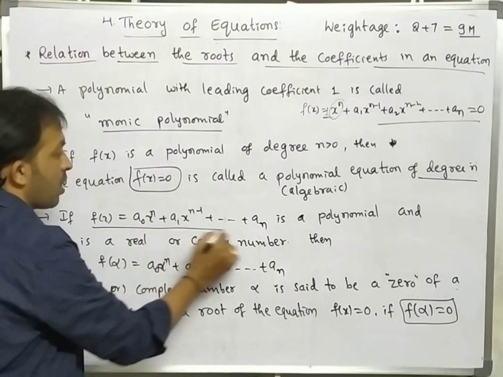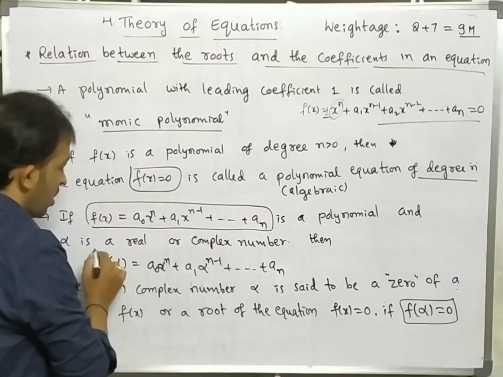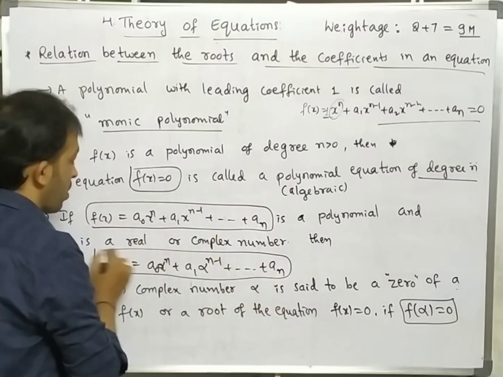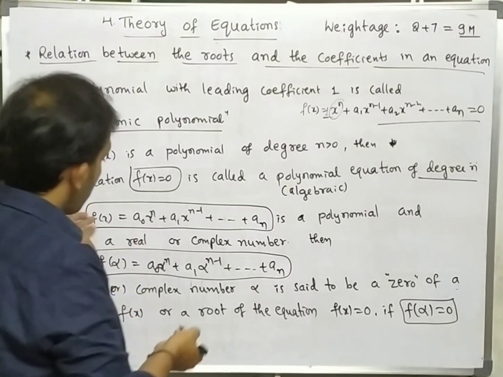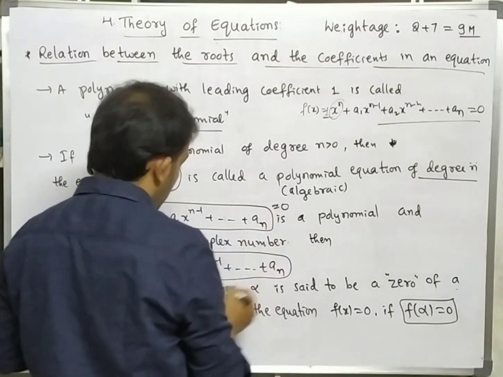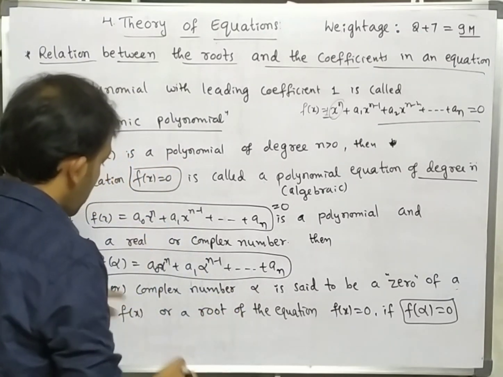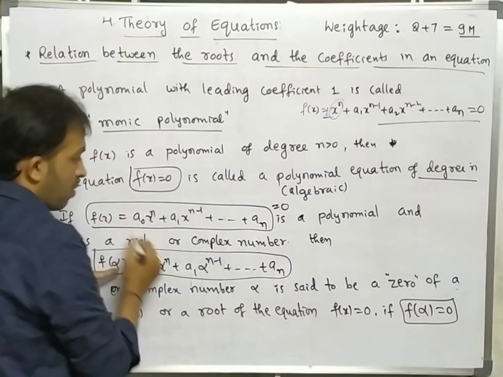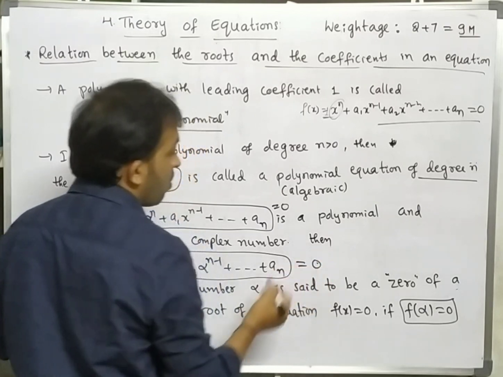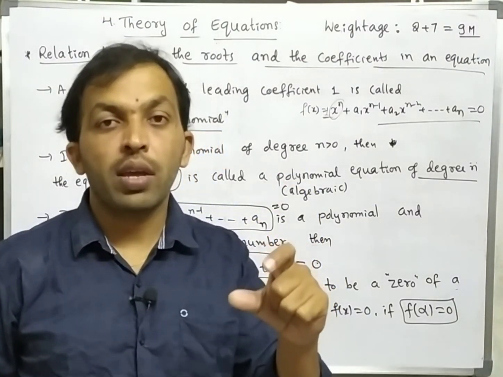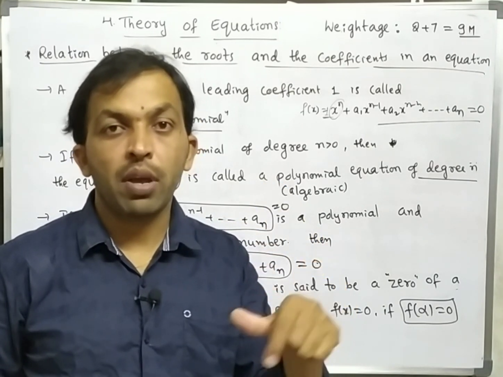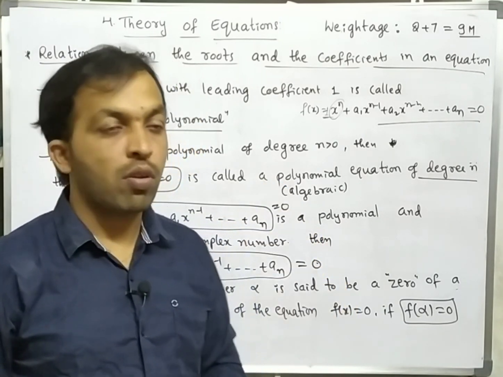So f(x) is equal to this one, then f(alpha) is equal to this one, just replace x with alpha. If we substitute alpha in the polynomial of degree n and the result is 0, then we can say that alpha is the zero of the polynomial or root of the polynomial.